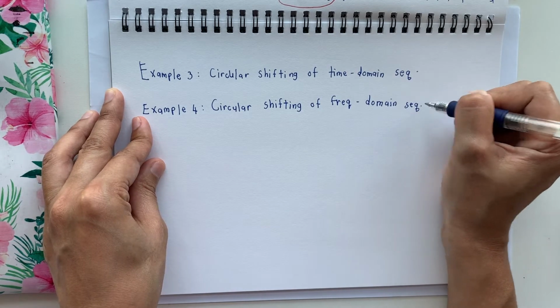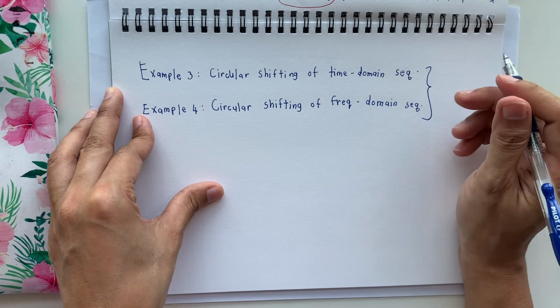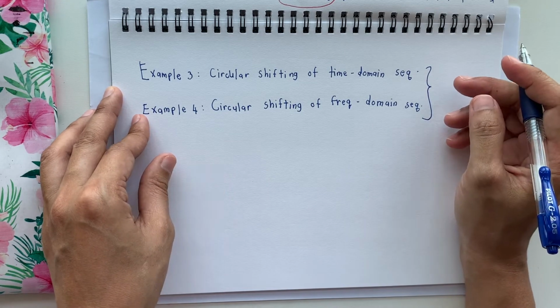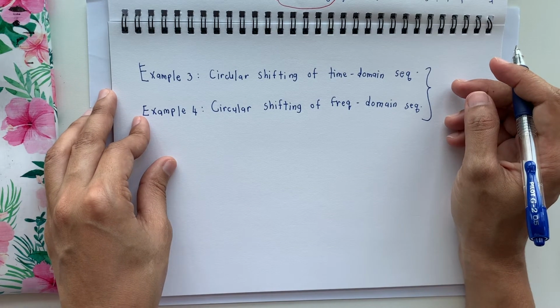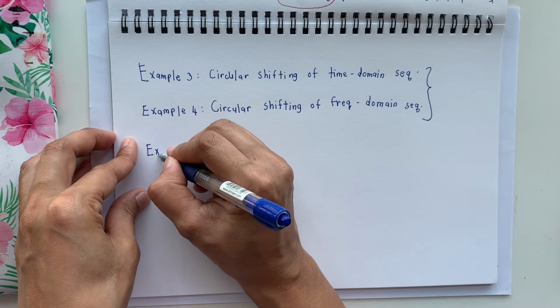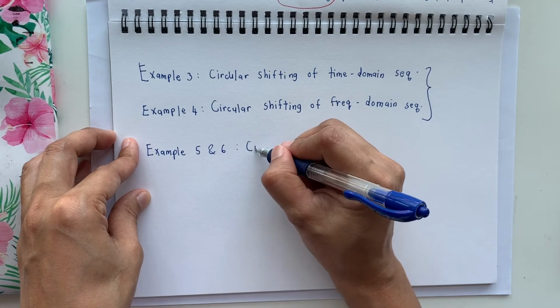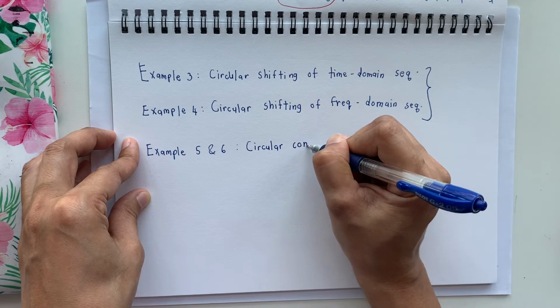Okay, so by right, you must remember the two given equations I gave to you just now. Basically, in example 5 and 6, how to solve circular convolution.